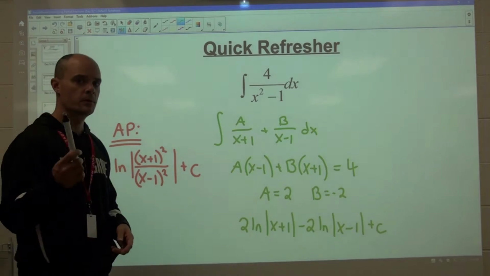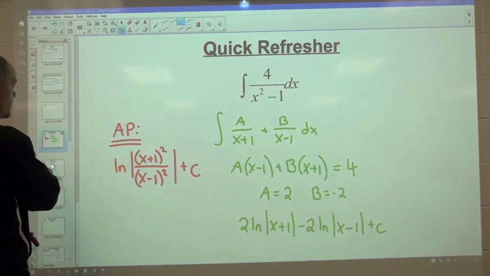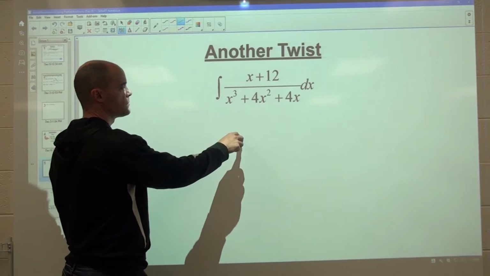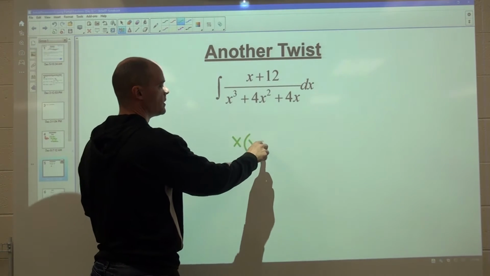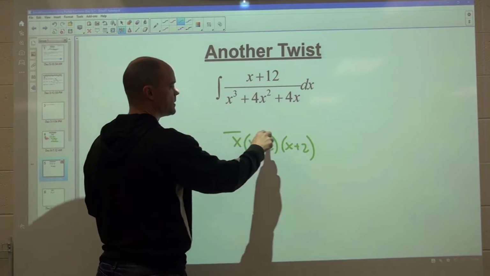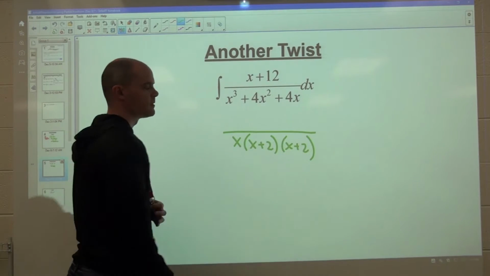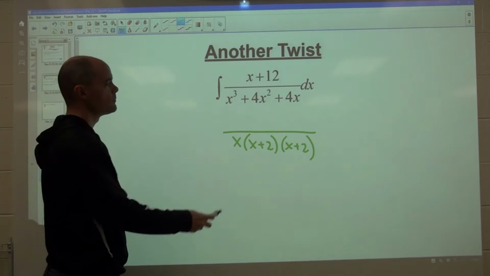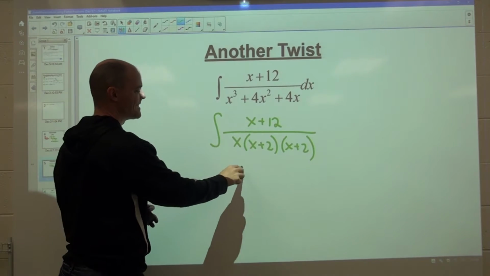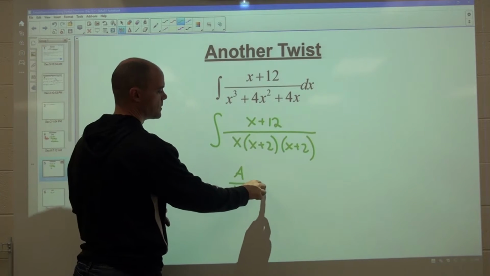Alright, so keep in mind what we were doing yesterday. We had this little twist, and the idea of the twist here is when we factored this denominator, if you guys recall, we had a repeat in our factor. So when we made our partial fractions, we had to have distinct partial fractions.